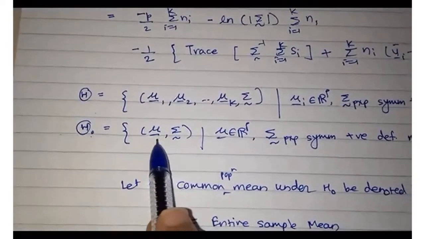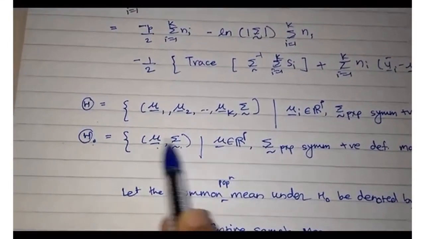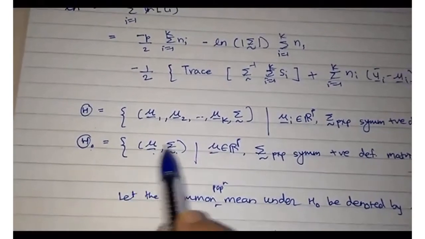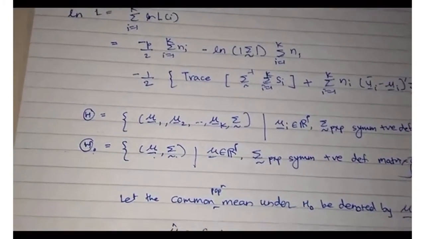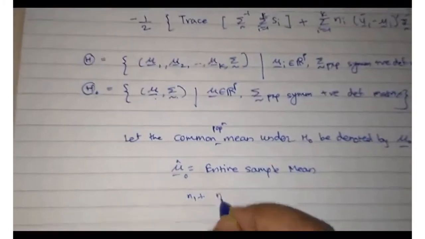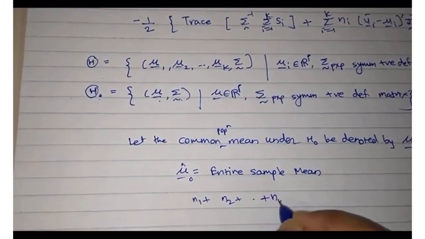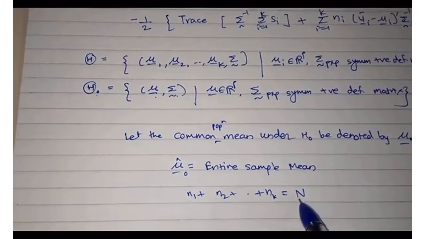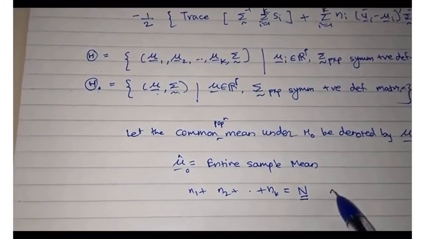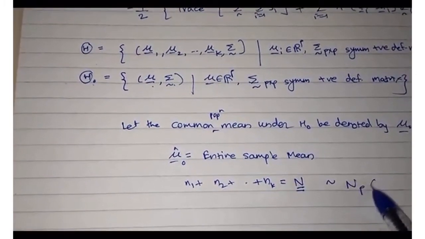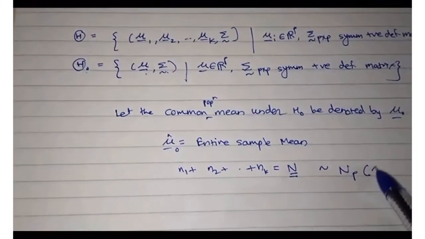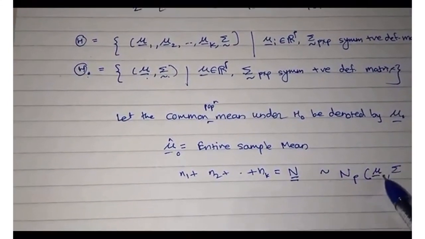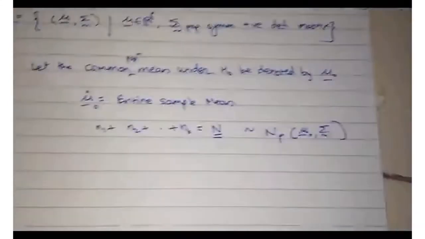Under H0 I have only one mu and one sigma. If I denote n1 plus n2 plus up to nk by capital N, then under H0 I am saying that all these N observations are coming from a p-variate normal with common mean mu naught and common covariance matrix sigma.